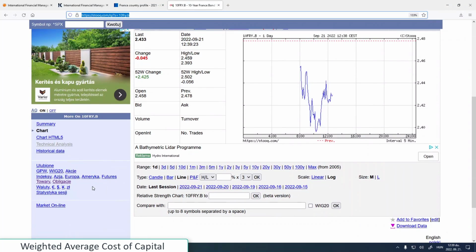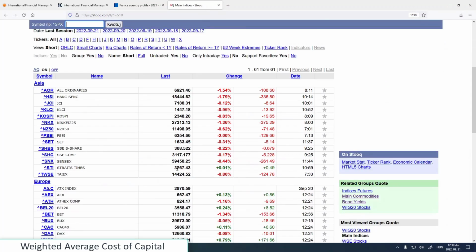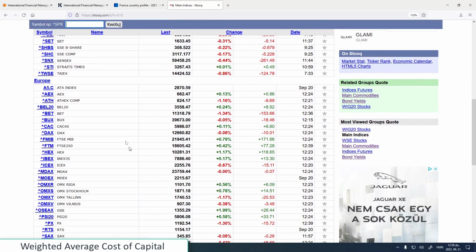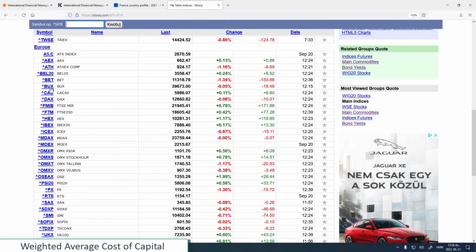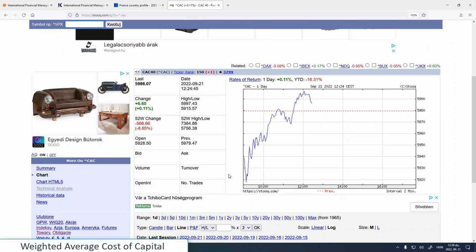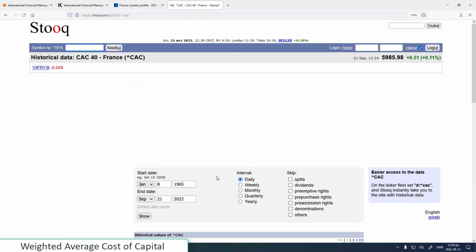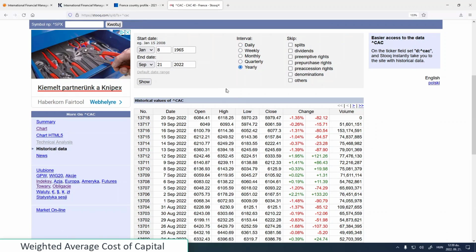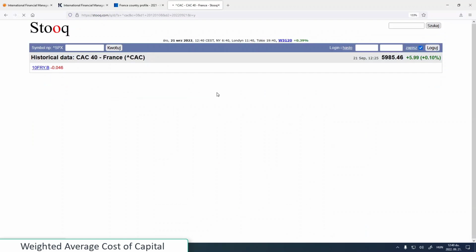The other thing is indexy in Polish language, and we can see the CAC index. And if you are clicking on historical data, so that's why I like this so much, because we have, okay, we need it just from the last 10 years, please.